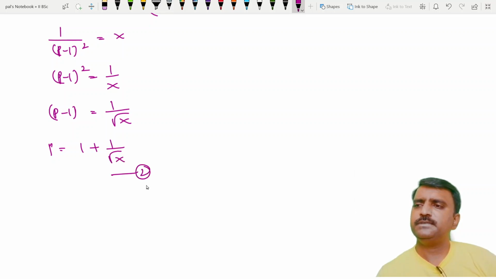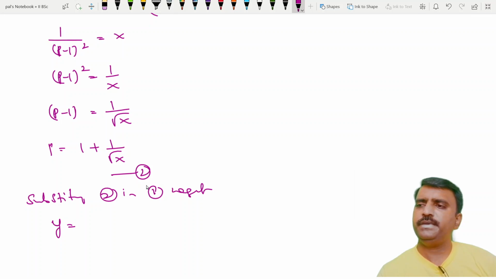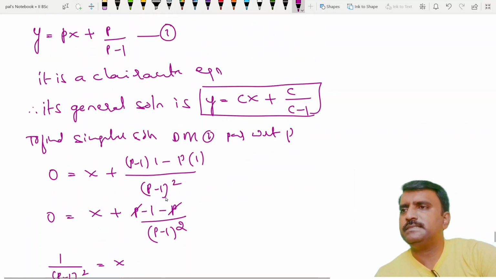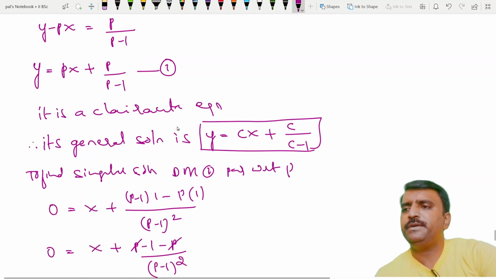Taking this expression and substituting it in equation 1, we get that y is equal to px plus p by p minus 1. So that is p is 1 plus 1 by root x, into x, plus p by p minus 1.